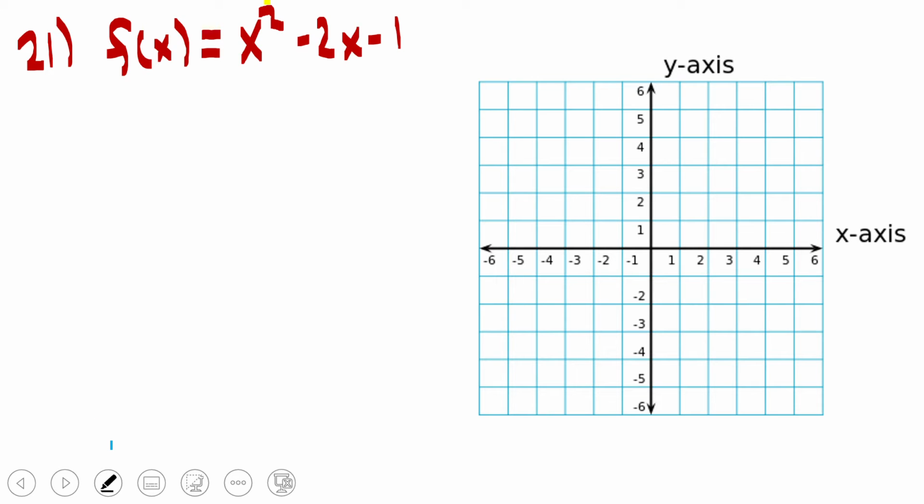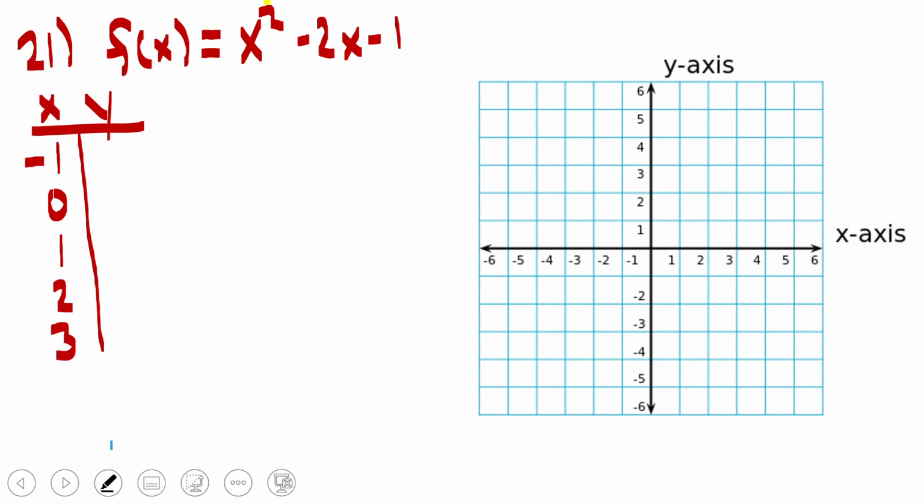And we are asked to plot at least 5 points to graph this function. So make a t-chart of x and y. Hover around 0. You might start with -1, 0, 1, 2, and 3.